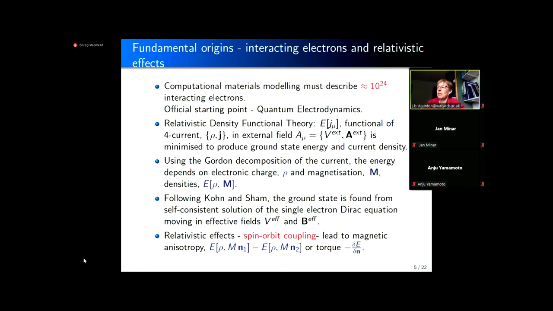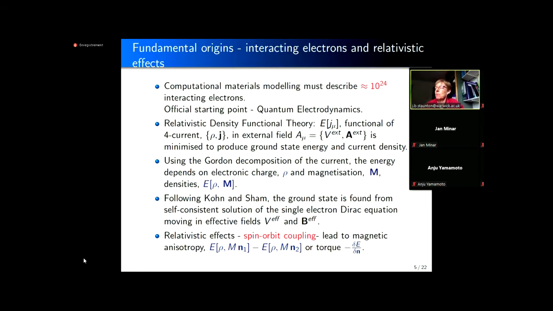And what they set out was, sort of analogous to the density functional theory that you're probably familiar with, you have a ground state energy for the interacting electron system, but in this case it's a functional of the so-called four-current, or in other words, the charge density of the electrons and the current density. And there's an external field that one considers, and that has a scalar part and also a vector part.